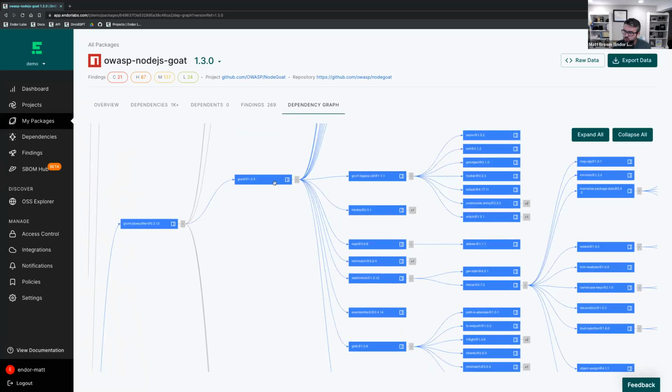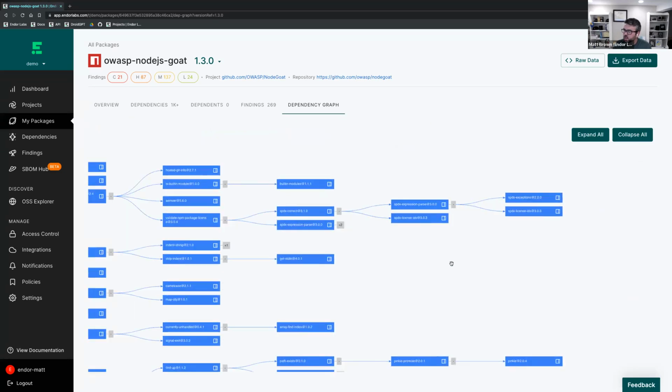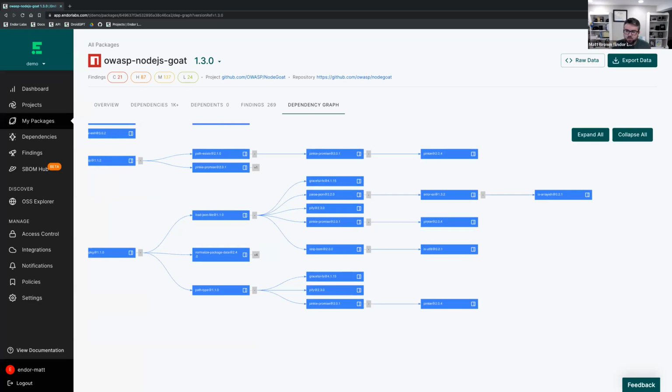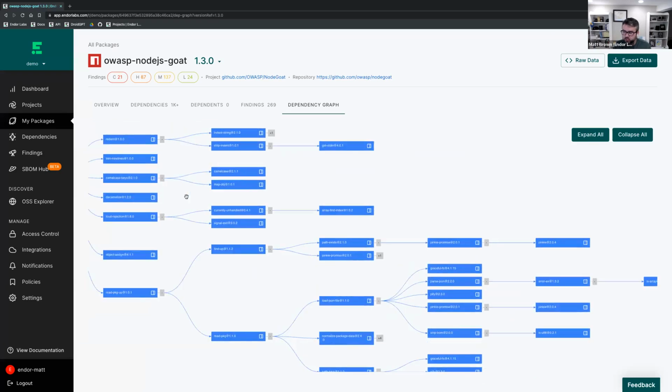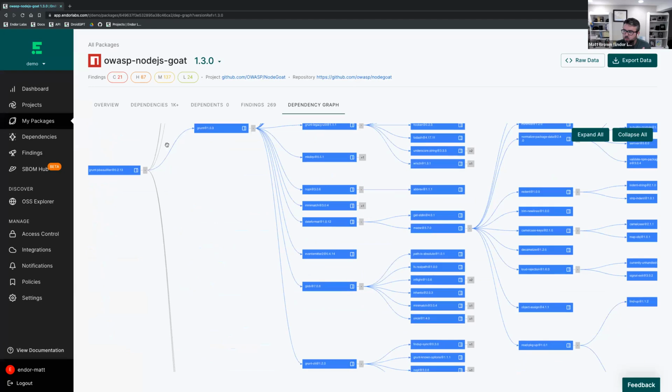This is 2 layers deep, 3, 4, 5, 6 layers. You've got to gain this visibility to understand what open source is actually posing a risk, and you need to investigate this. Not having this visibility, you have no idea what components are bringing in what. So that's the first step to gaining visibility: supervision.